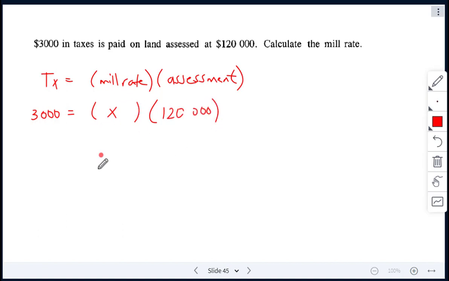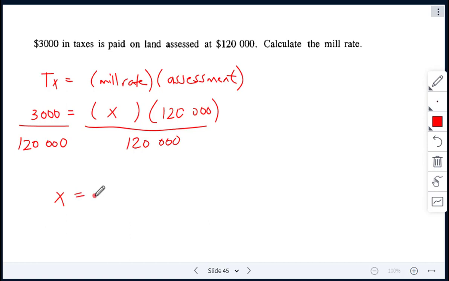So we're solving for X. We just have to divide by 120,000 on both sides, which gives us our value for X. We should get 0.025.